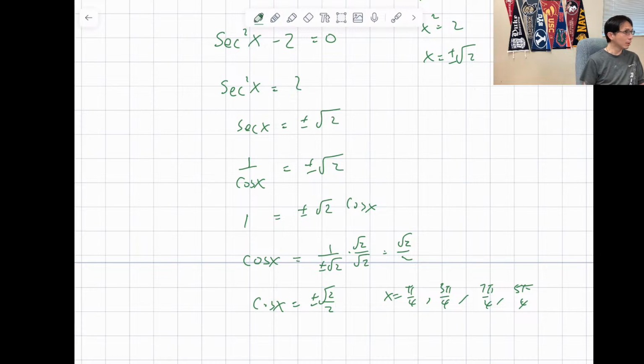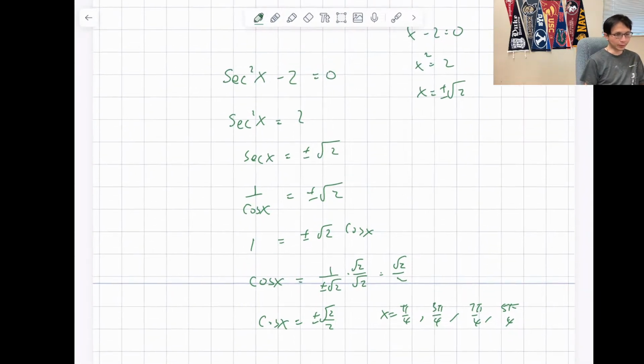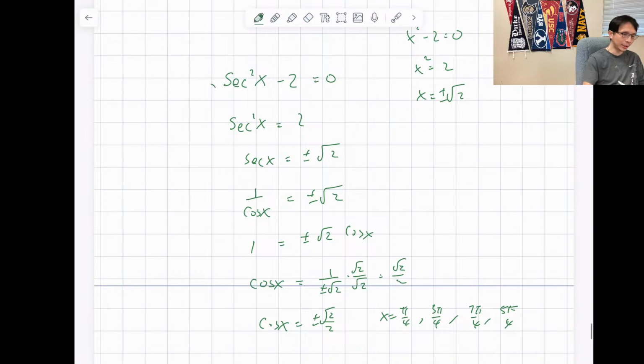Now, I thought Kaden's way is pretty cool because he utilized the identity. Some people are smart, they think of different things, which I think is absolutely phenomenal. What is secant squared of x also equal to? Look up, what is secant squared of x also equal to?